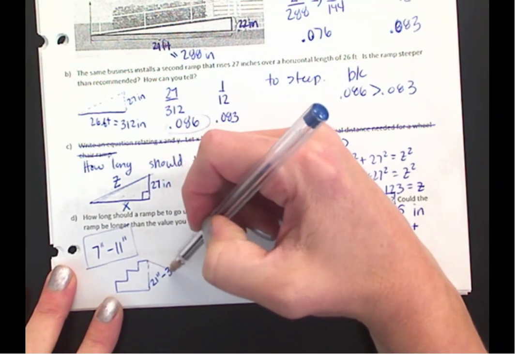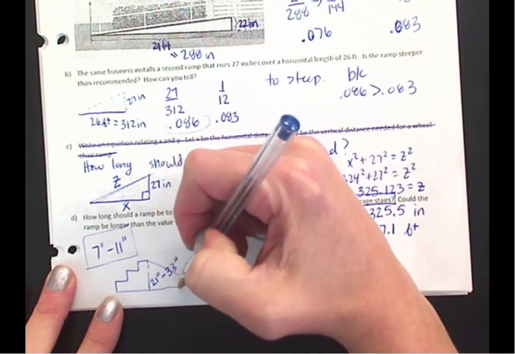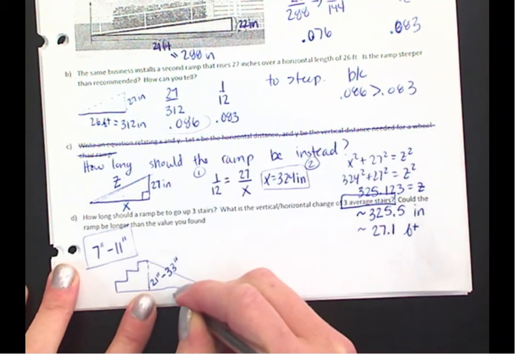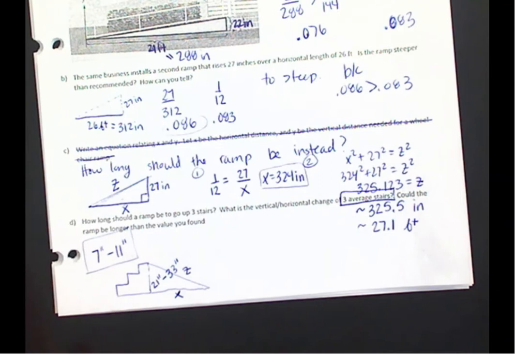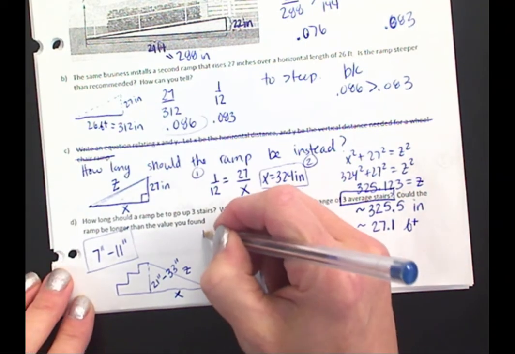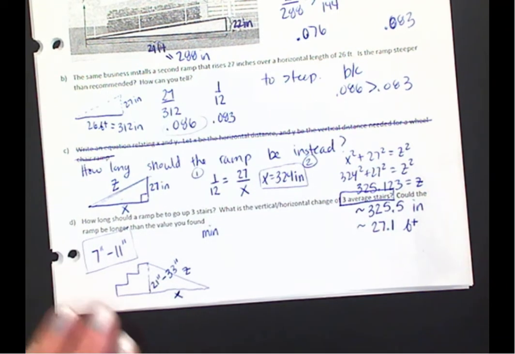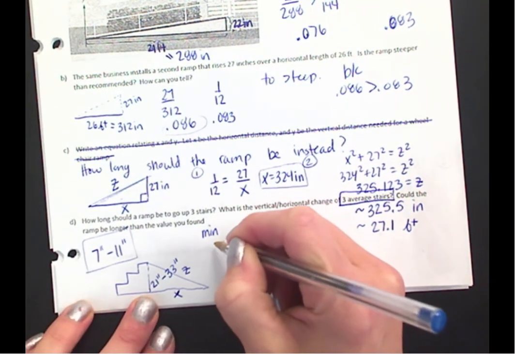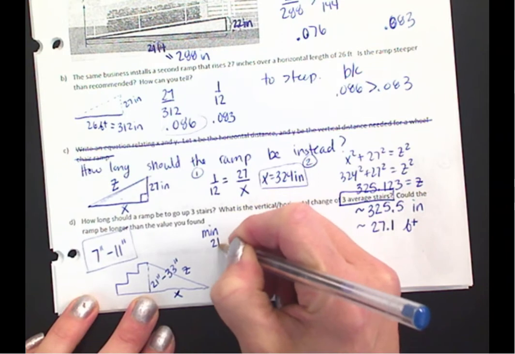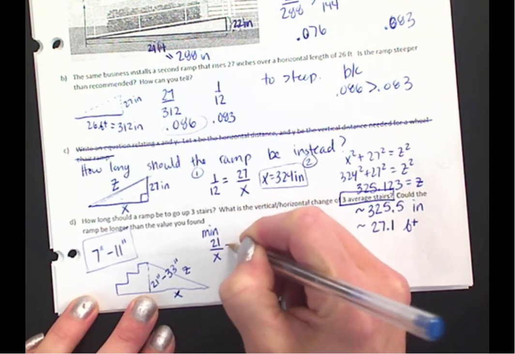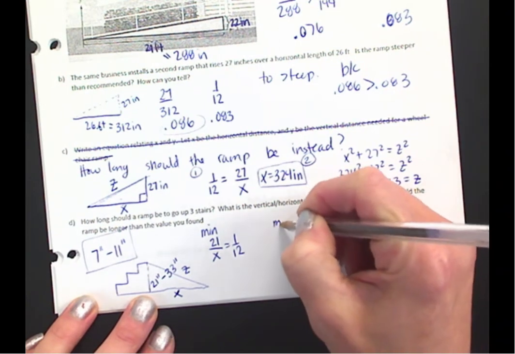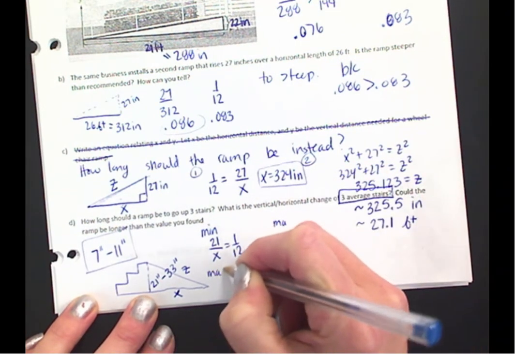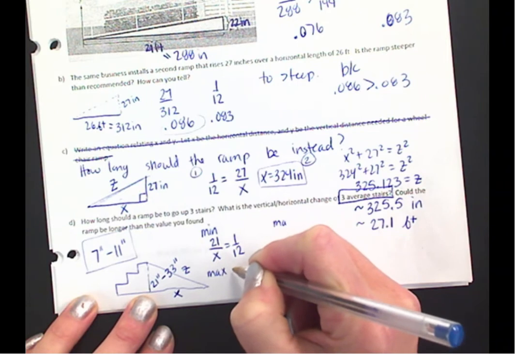Ramp. I'm just going to draw my ramp off this way. X and Z. So I'm going to do a minimum and a maximum. Your answer should be somewhere between this. Minimum, right? So we're going to go with 21 vertical change. Maximum, 33.